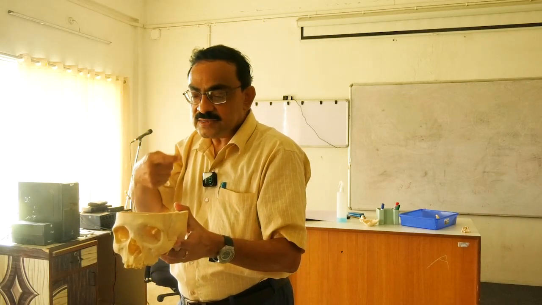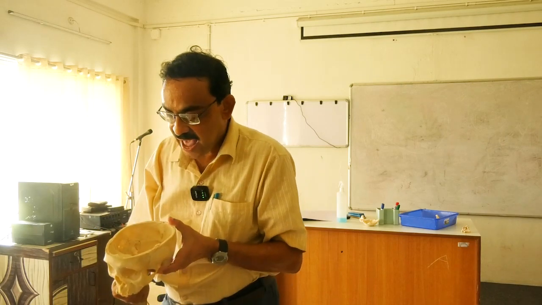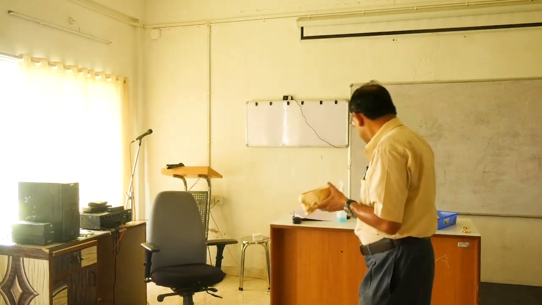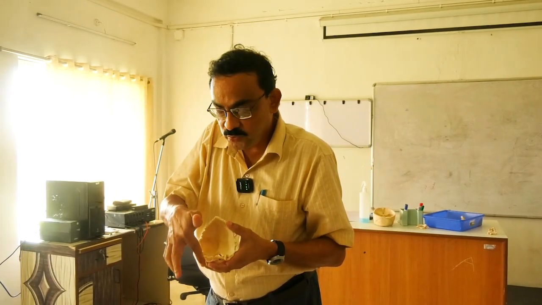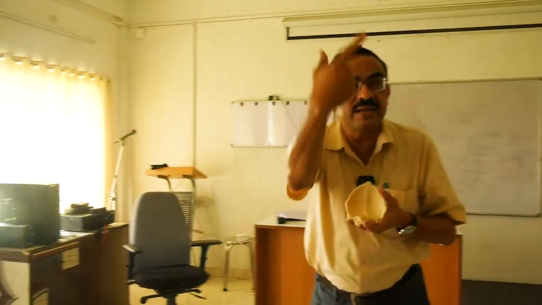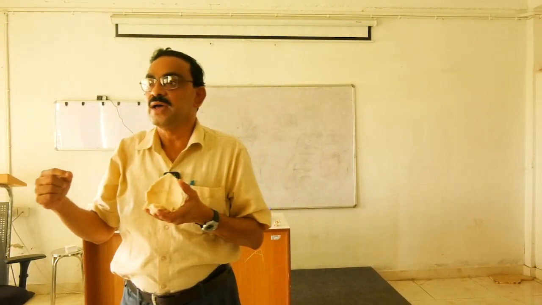Along with the temporal bone, we get the foramen called the jugular foramen. When the vein passes through the jugular foramen, it is now called the internal jugular vein.